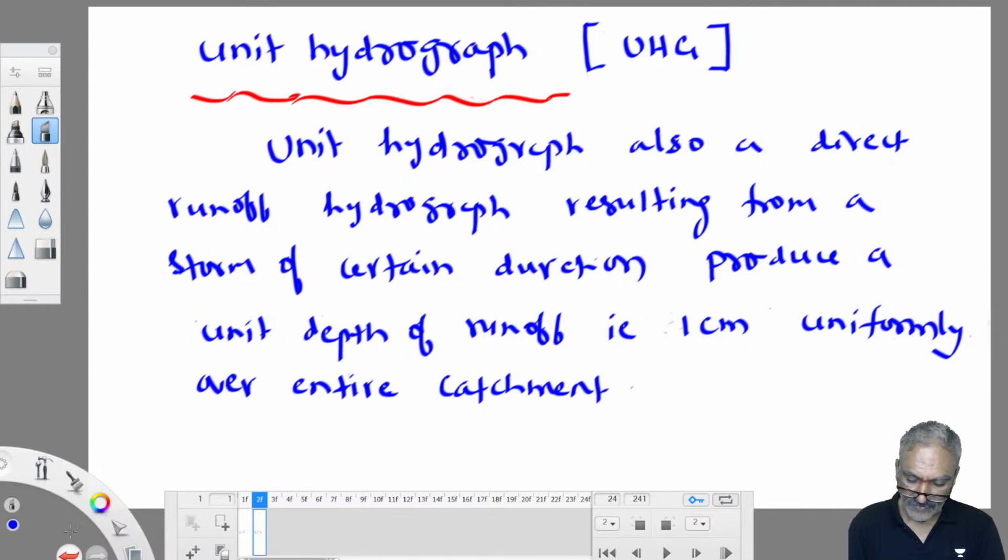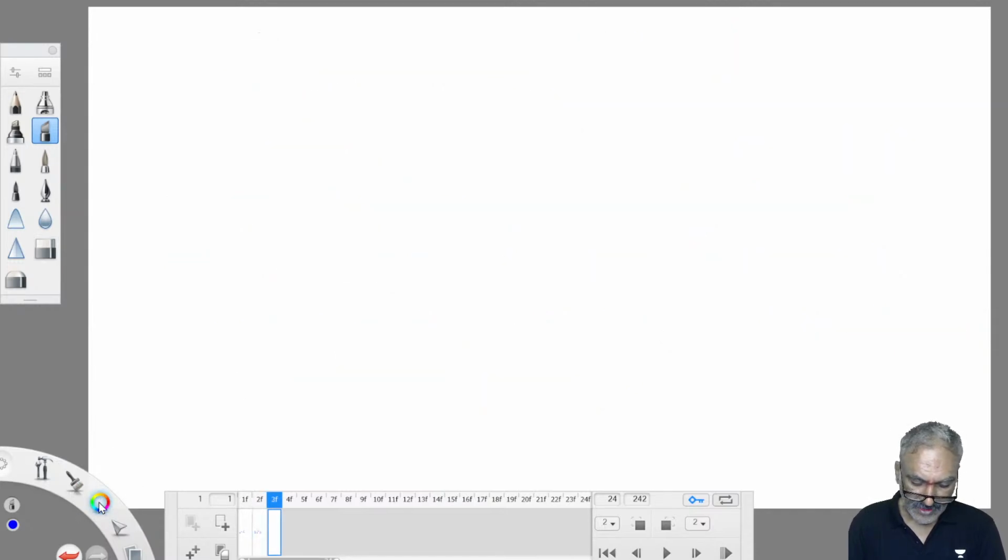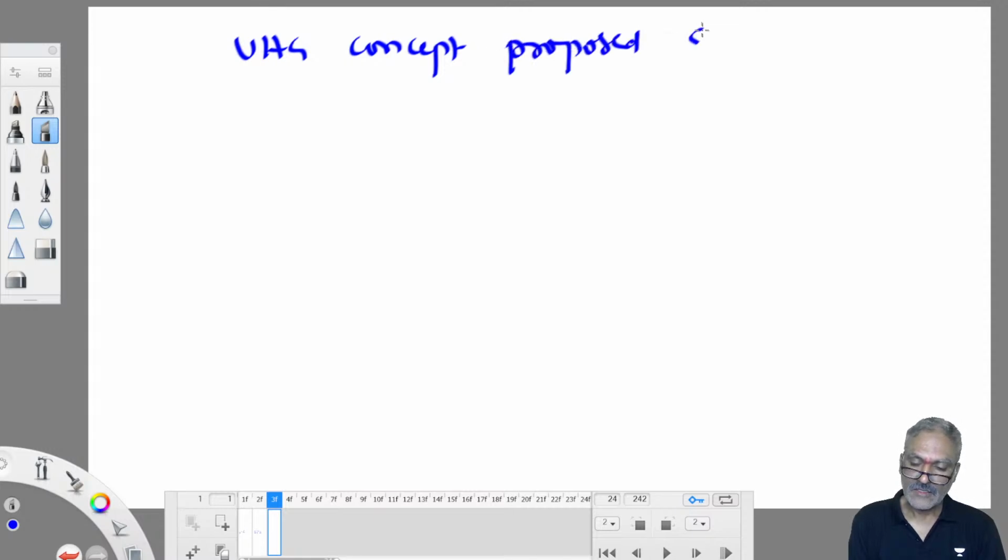This unit hydrograph concept was proposed by Sherman, based on two assumptions.